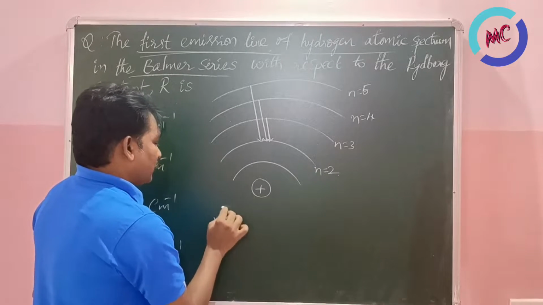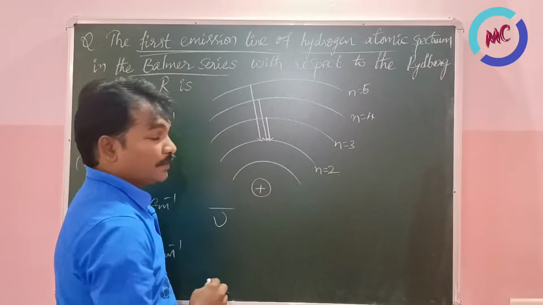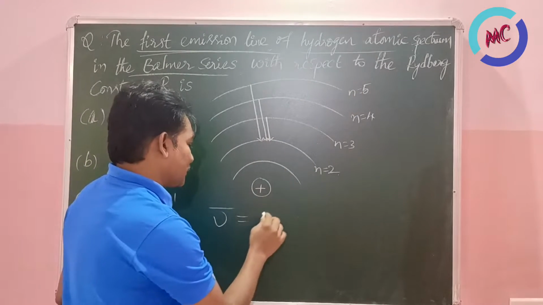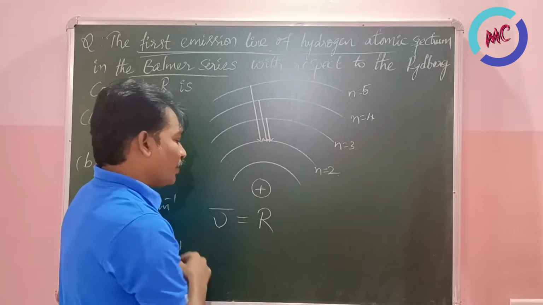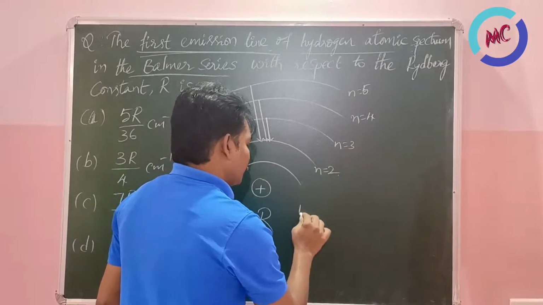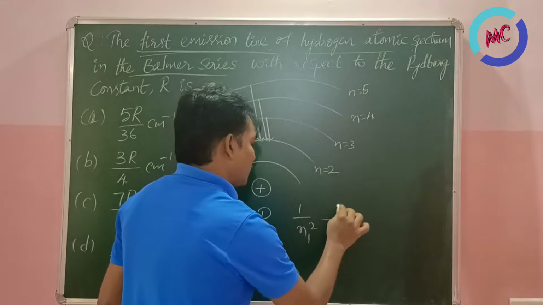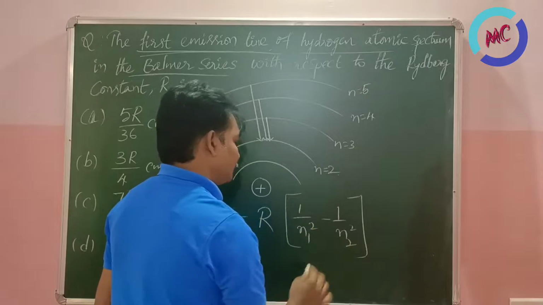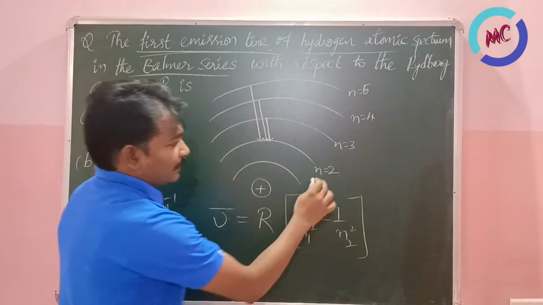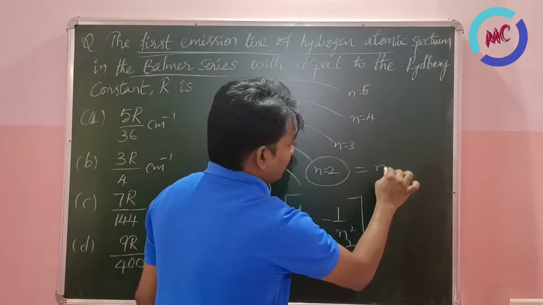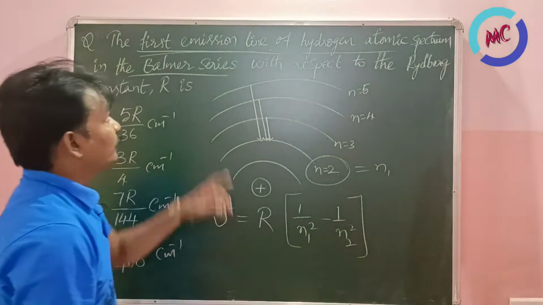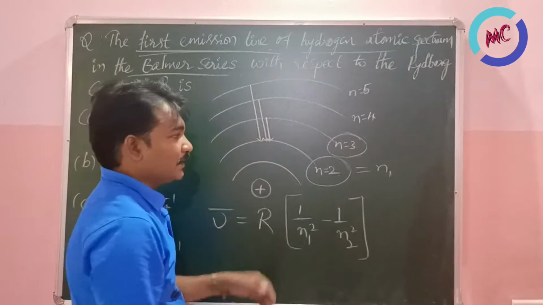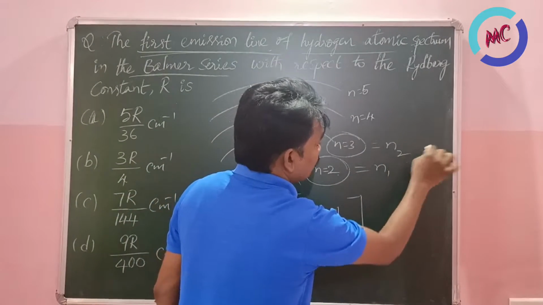See here, in the hydrogen spectrum, to calculate the wave number there is a formula with respect to the Rydberg constant R, that is nu bar equal to R (1 by n1 square minus 1 by n2 square). Here n1 is 2, and the first emission line is from the third shell to the second shell, so n2 is 3.